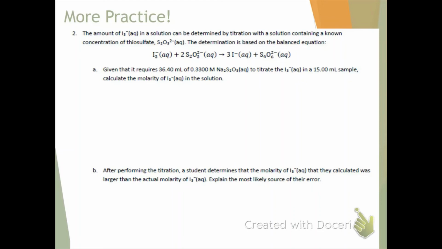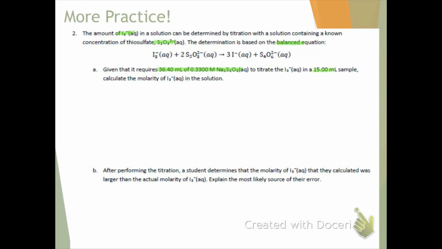In this titration problem, we are titrating I3- with some thiosulfate ion. So we have the balanced equation this time, so we don't need to go and balance one. It tells us how many milliliters and the molarity of our sodium thiosulfate that we used to titrate the I3-.